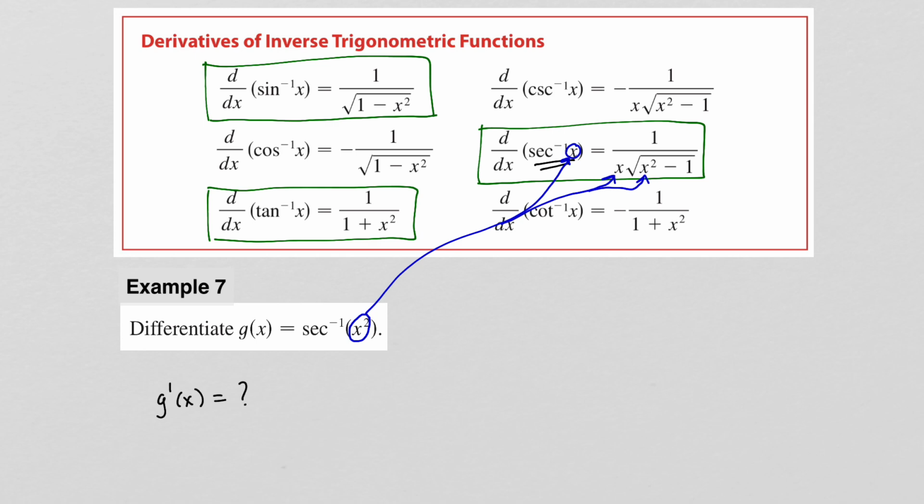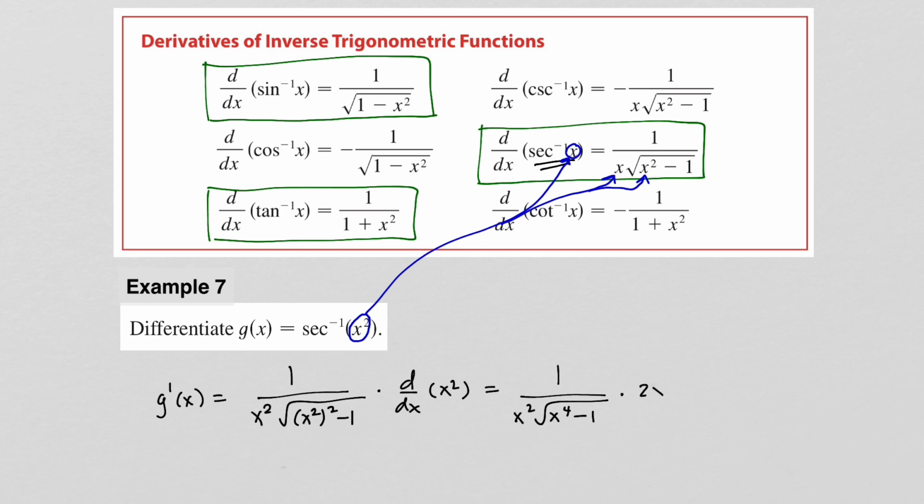So the derivative g prime of x is going to be 1 over x squared times the square root of x squared squared minus 1, and then multiplied by the derivative of x squared because of the chain rule. So this becomes 1 over x squared times the square root of x to the 4th power minus 1 multiplied by the derivative of x squared, which is 2x.